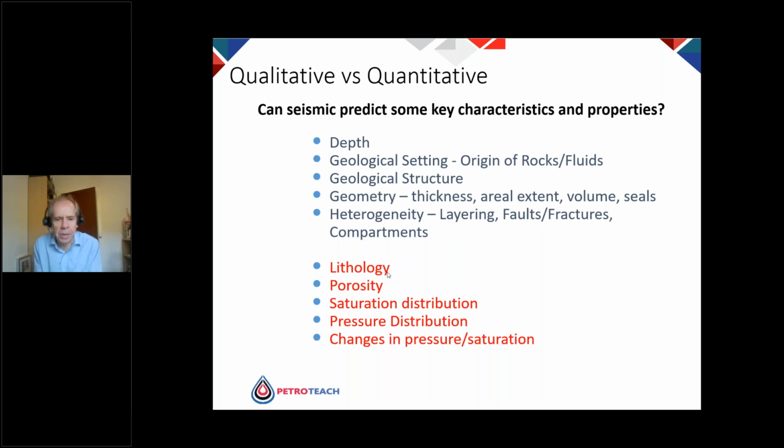And then other things like pressure. Can I tell what's going on with pressure? And then can I see changes in pressure and saturation? So this is what we're hoping for. Okay, so the blue is the standard seismic interpretation. The red is what we can hopefully add to our interpretation.